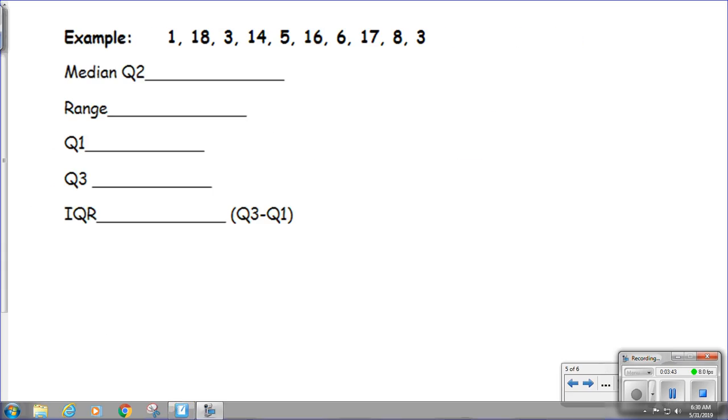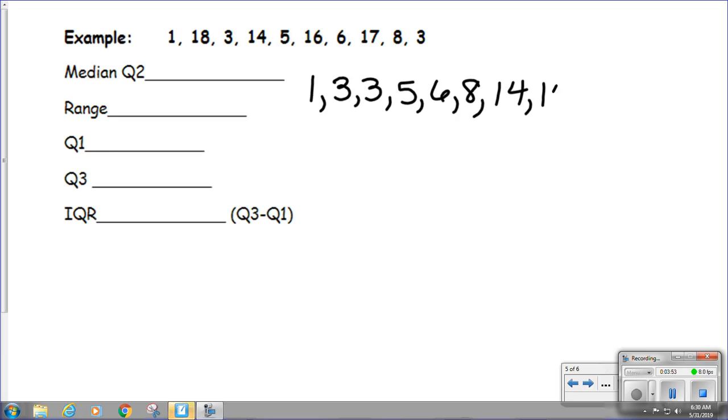Okay, in this next example, I'm going to place the numbers in numerical order: 1, 3, 3, 5, 6, 8, 14, 16, 17, 18. I'm going to find the original median, or Q2.